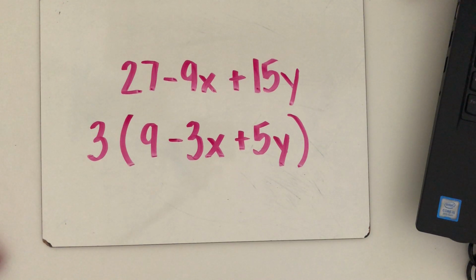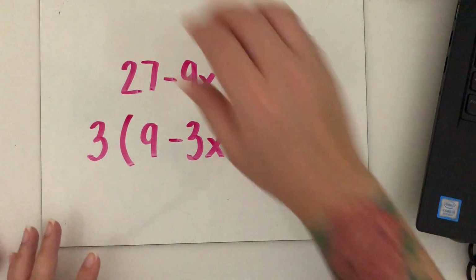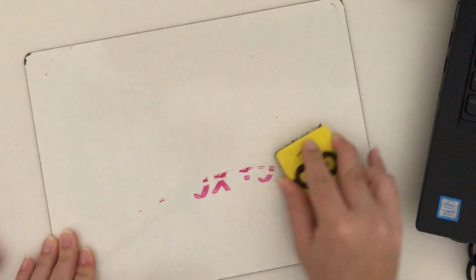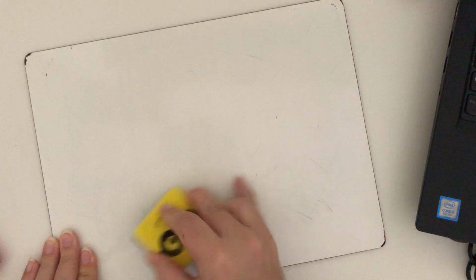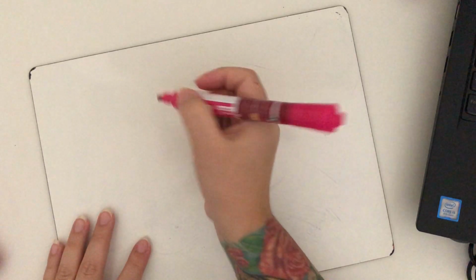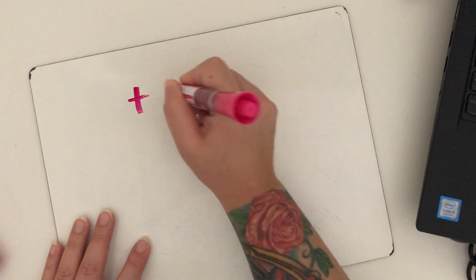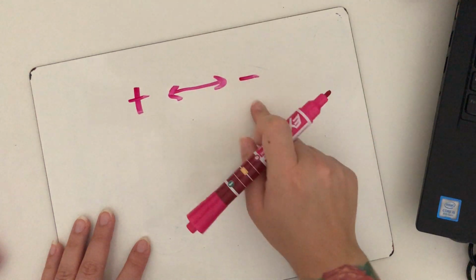So now we are going to jump into your one-step equations, okay? So we are dealing with rational coefficients, which again are our fractions and our decimals, okay? So remember that we're gonna go from here. If I have addition, my inverse operation is going to be subtraction and vice versa.